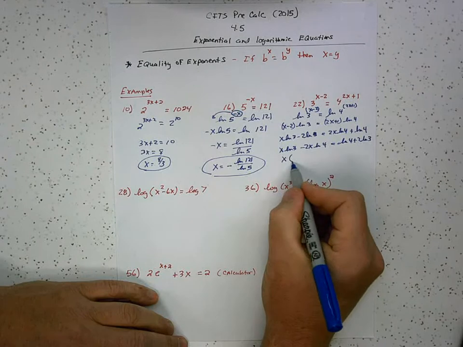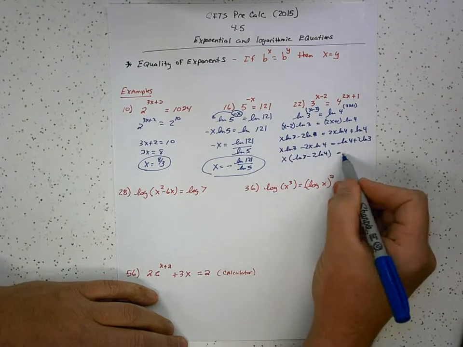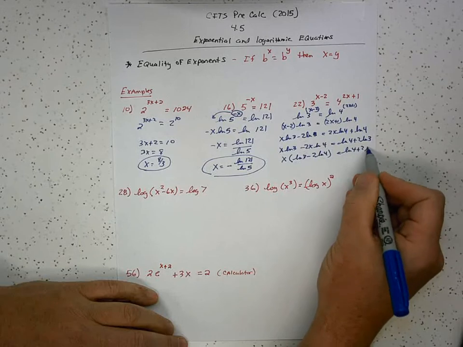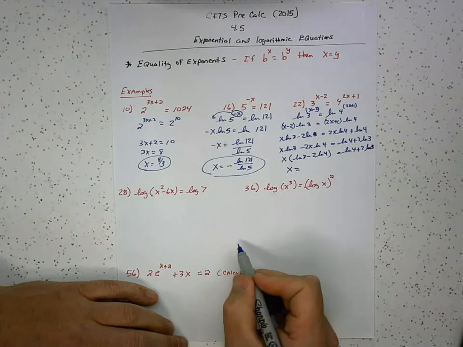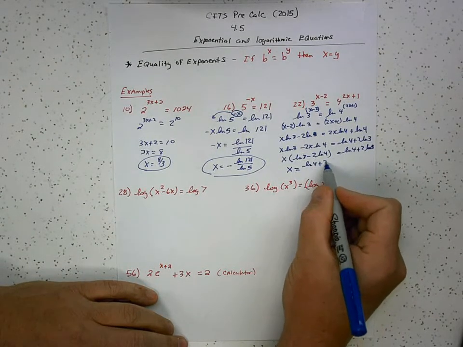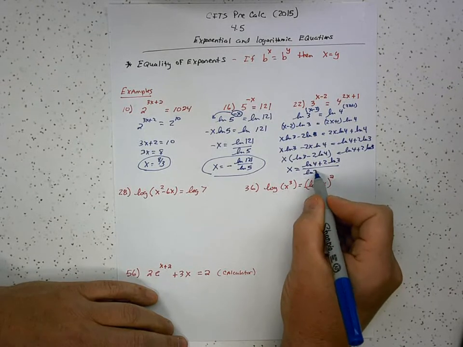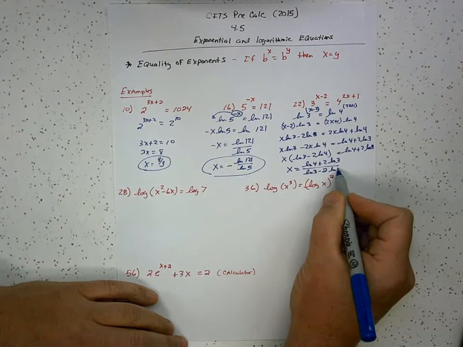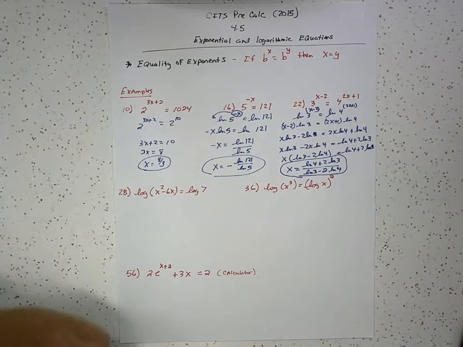I can then factor an x out, and divide by the coefficient. So there's the top over the bottom, log of 3 minus 2 log of 4. And there is my value of x. You can plug that in the calculator and see a decimal approximation if you wish.